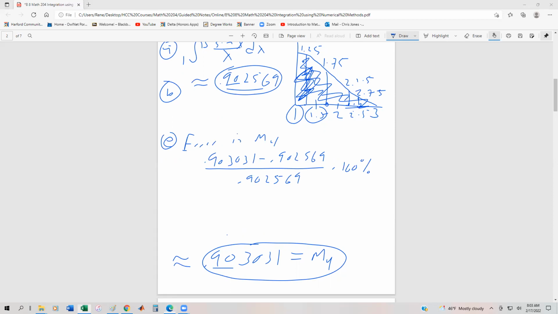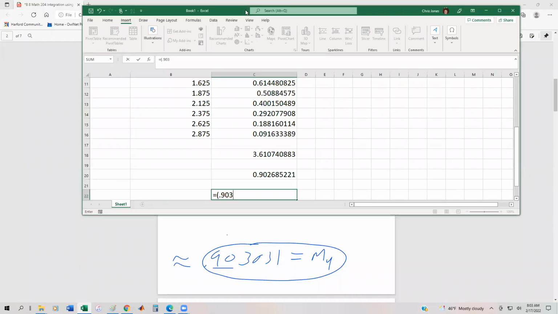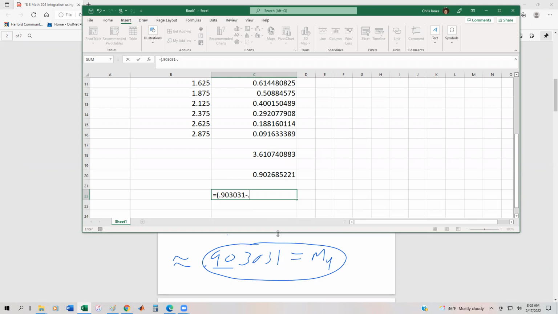All right, so just doing that in Excel. I'm just going to punch that in. So we had 0.903031 minus the actual value, and the actual value was 0.902569. And then we're going to divide that by 0.902569.